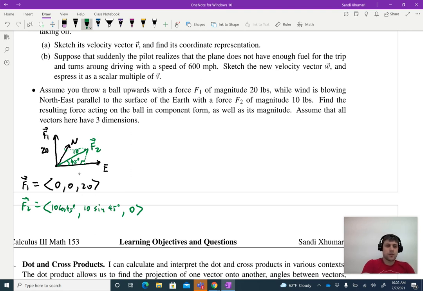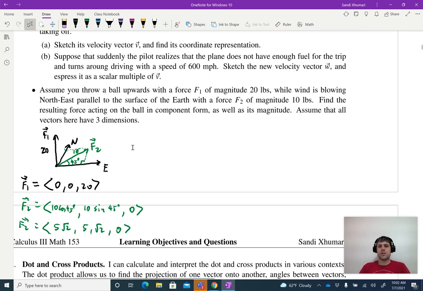So then we have F2: cosine of 45 is root 2 over 2, so 10 divided by 2 is 5 root 2. This is also 5 root 2, 0. So we have the components form.